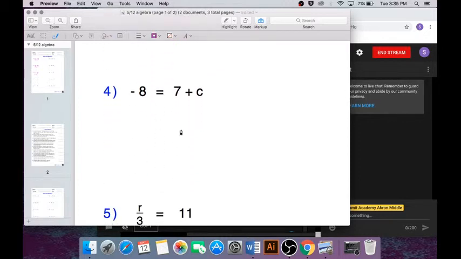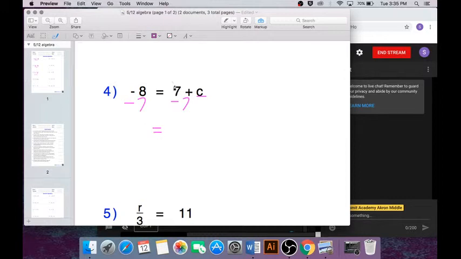Number 4, we have negative 8 equals 7 plus c. Our variable is c, and it is attached with a plus 7. So the opposite of a plus 7 is a minus 7. So we're going to subtract 7 from both sides.